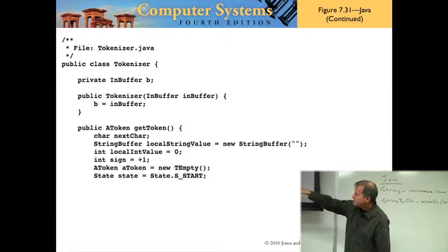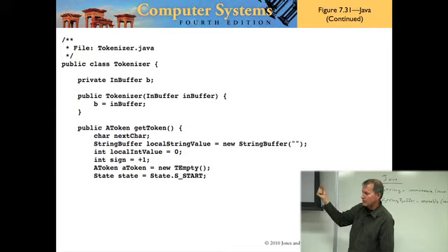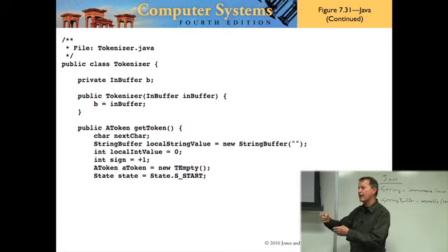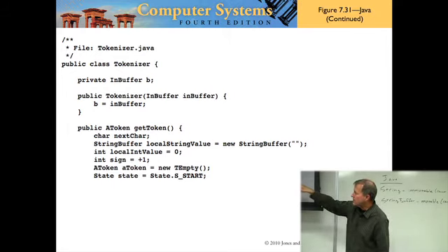And now check this out. Local string value gets new string buffer initialized to empty string. Here's the thing, we don't know if what we're scanning is going to be an identifier. We don't know if what we're scanning is going to be an integer. We don't know. So we have these local variables. We have a local string value. We have a local int value that's initialized to 0.